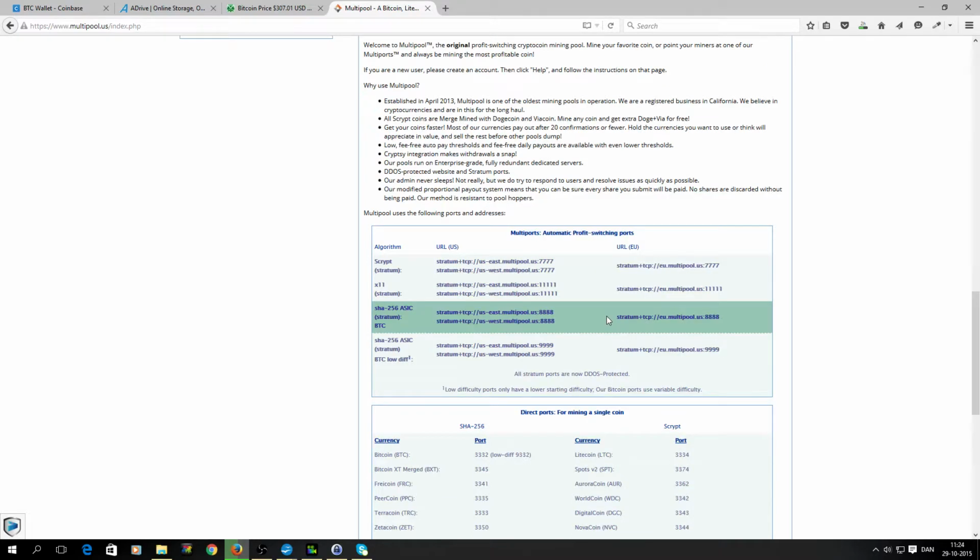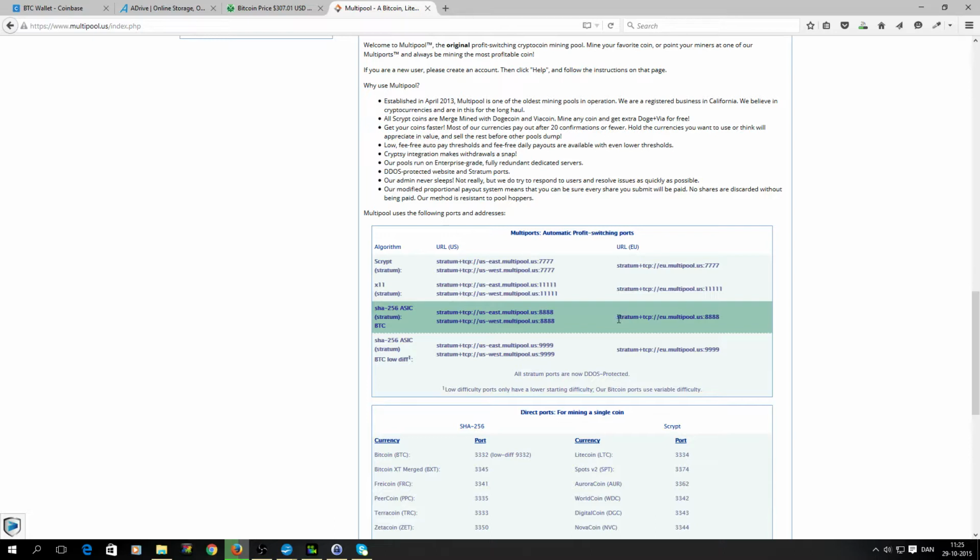So let's say we wanted to set up a SHA-256 miner.